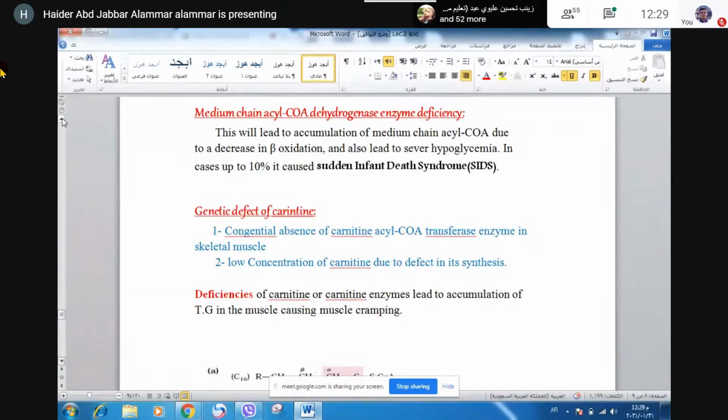If fatty acid accumulates and beta oxidation does not happen, it means there is no energy production. Our body will depend totally on consuming glucose, on carbohydrate. The glucose will run out and this will cause severe hypoglycemia. Severe drop in sugar can even cause death, leading to sudden infant death syndrome in 10% of cases.